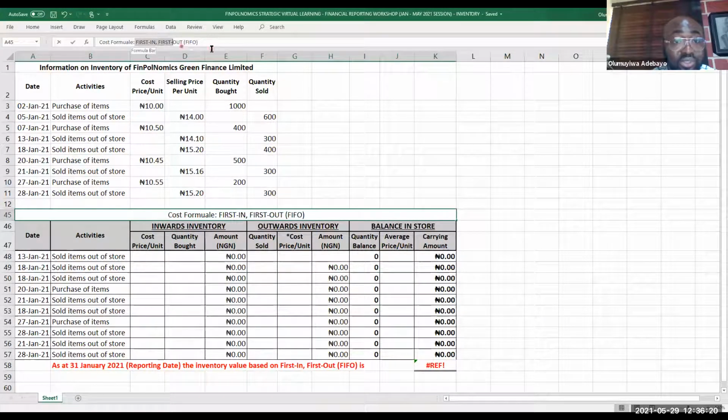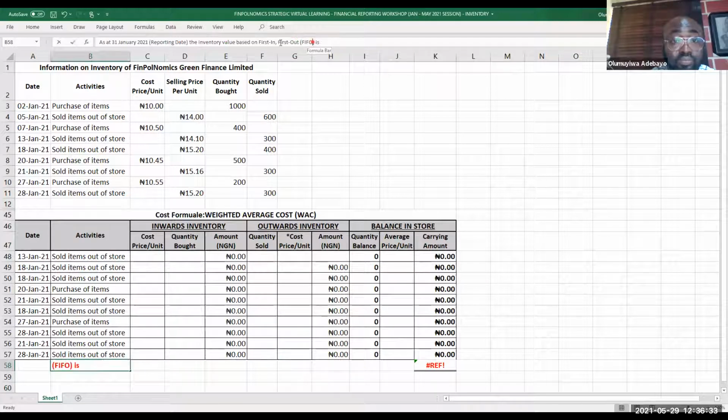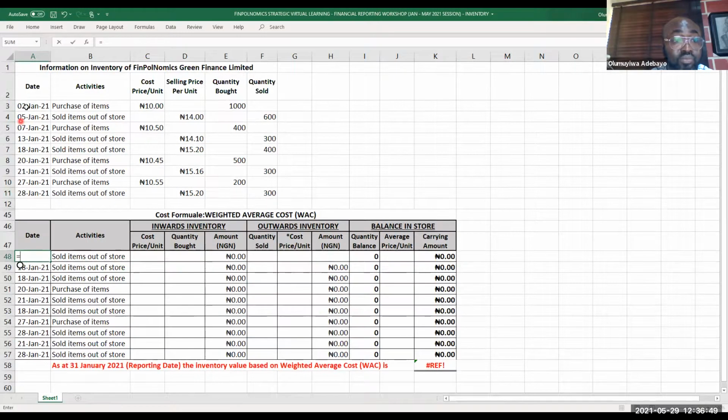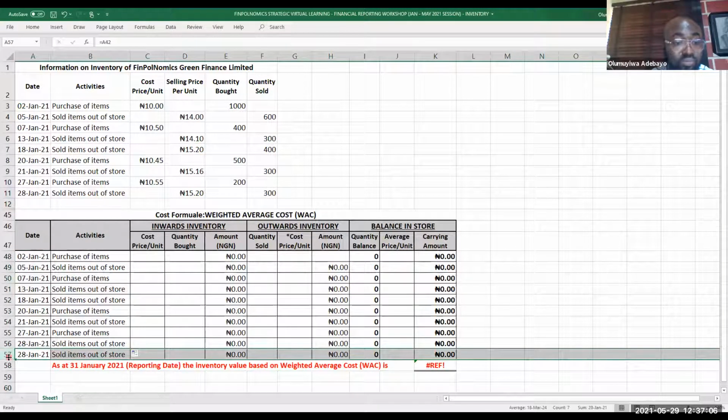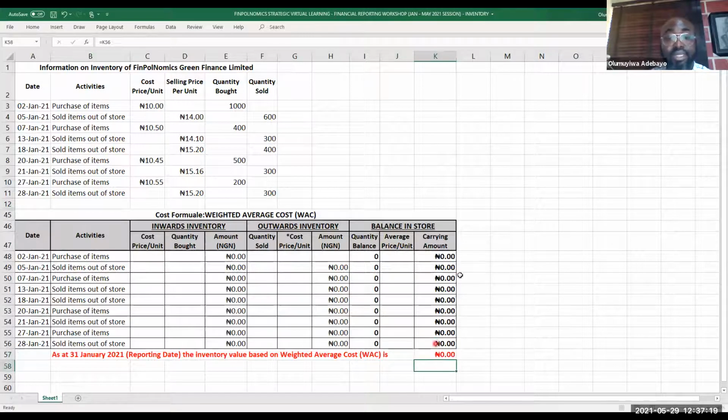Now the cost formula is weighted average cost. Okay, now let's start.